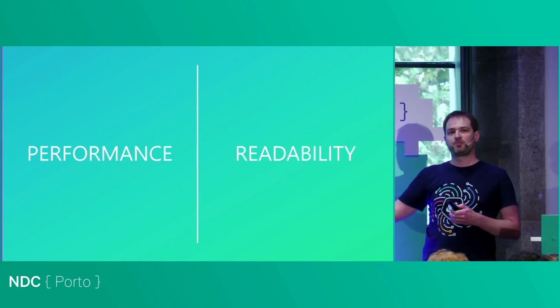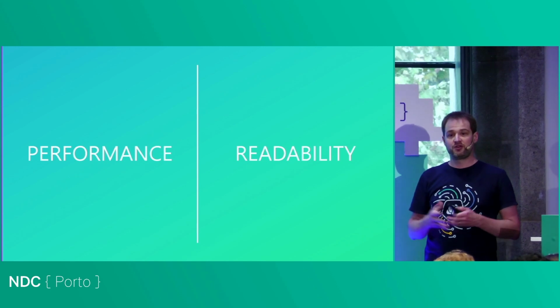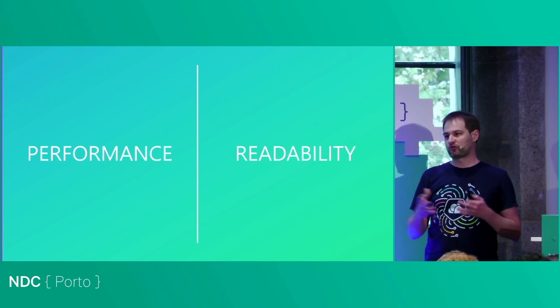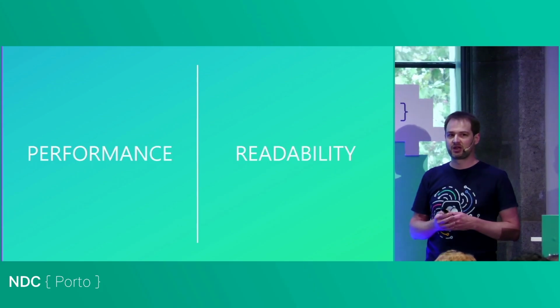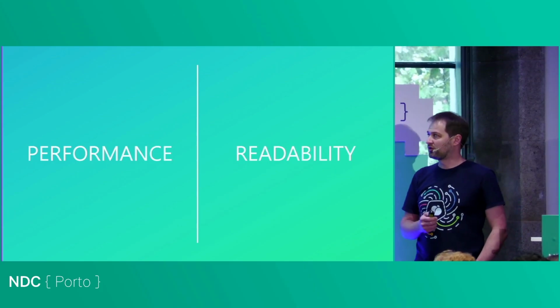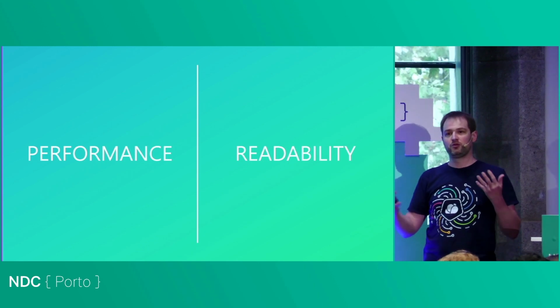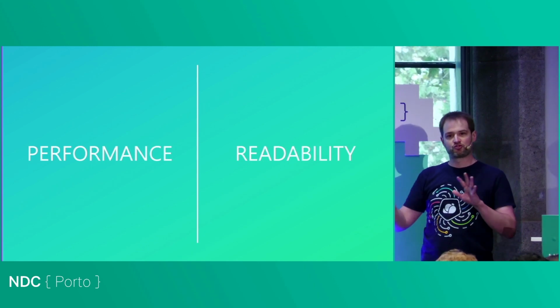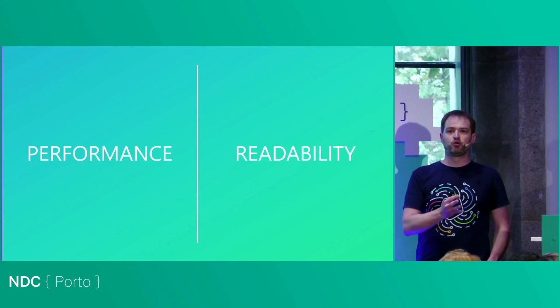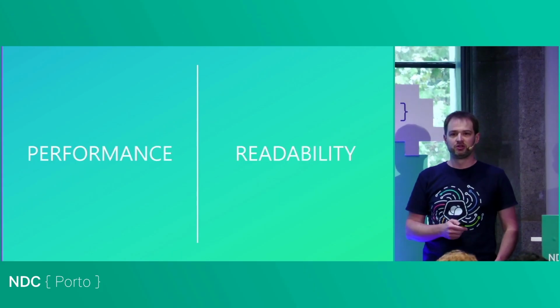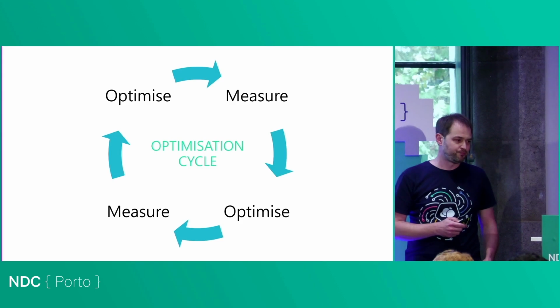But there will always be a certain set of applications where if you can reduce the memory footprint, for example, of the application, you might be able to reduce costs in terms of how you have to scale that application in production environments. So you need to weigh this up in your organization, service by service, to see where you should be sort of treading across this line. Are you moving more to the high performance, or are you needing to just keep that code easy to work on and easy to read?